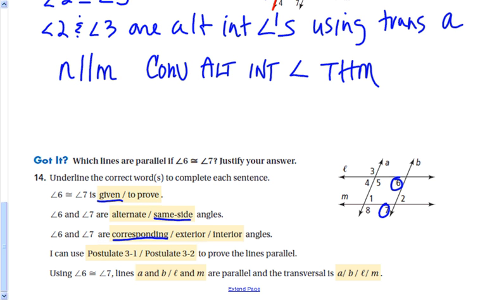So I can use postulate 3.2 to prove the lines parallel. Using angle 6 is congruent to angle 7, lines L and M are parallel, and the transversal is D.